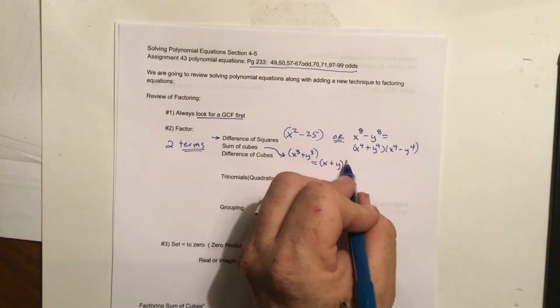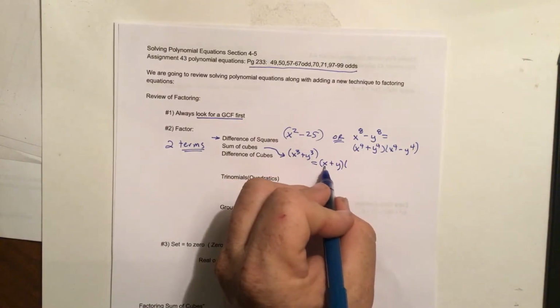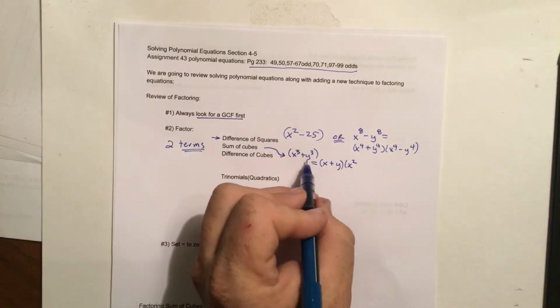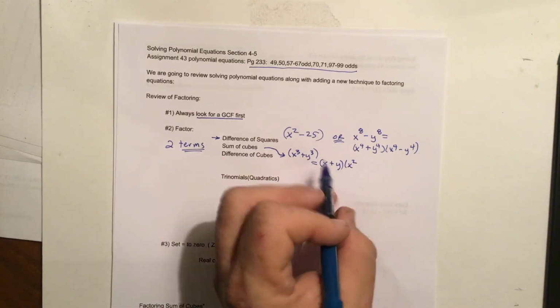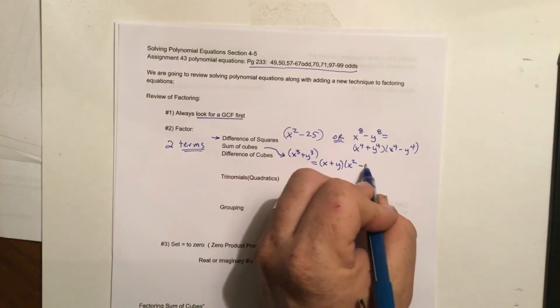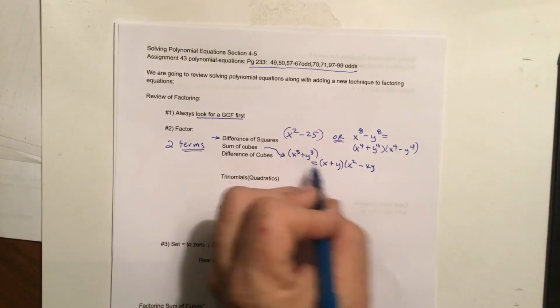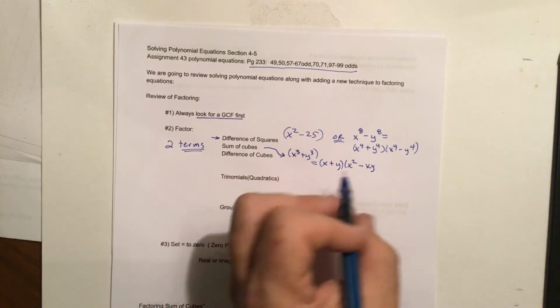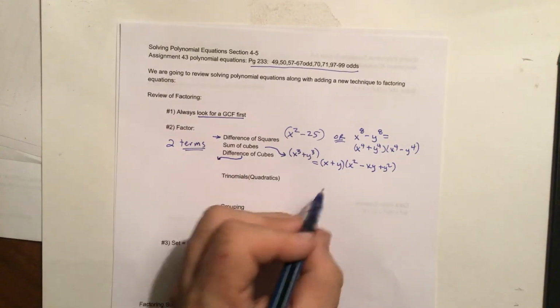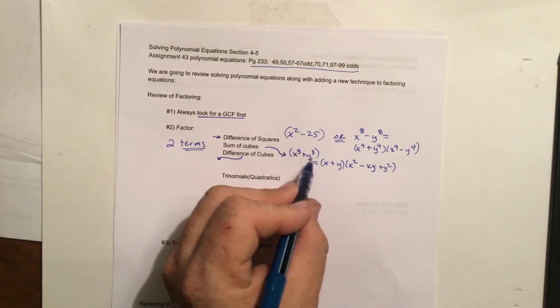Then we take the first term and square it, which is x squared, multiply the first and the second and change the sign, and then y squared at the end. Just a pattern. There's no memorizing or how'd you get that. It's pretty much the idea of taking the cube root of each one.